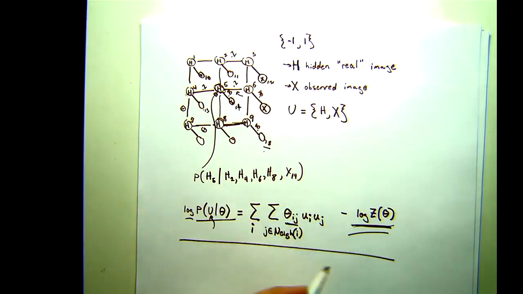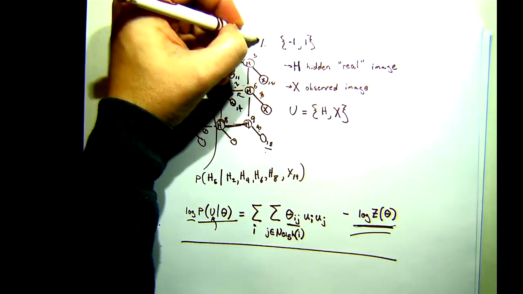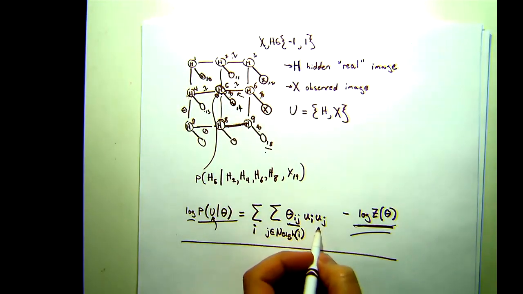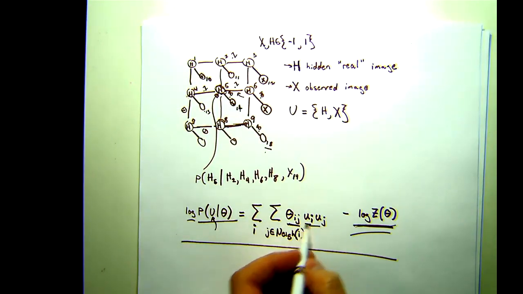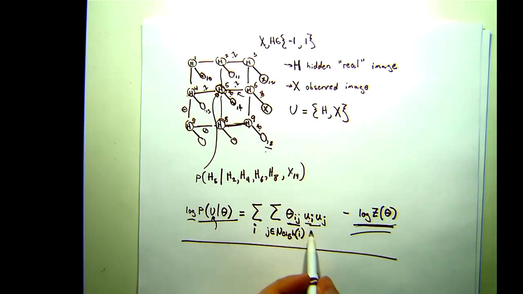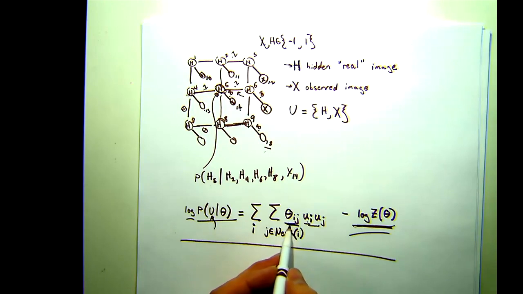UI and UJ are the actual settings of the H's and the X's. If you read this, UI and UJ are each going to take a value of either 1 or -1. What this is saying is that if they have the same sign, UI equal to 1 and UJ equal to 1, then you increase the probability by some theta, whatever the theta is.